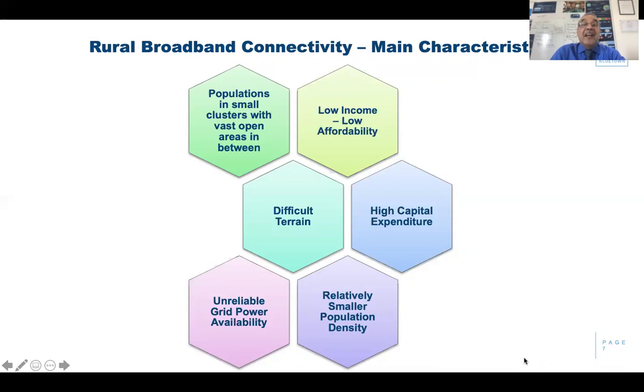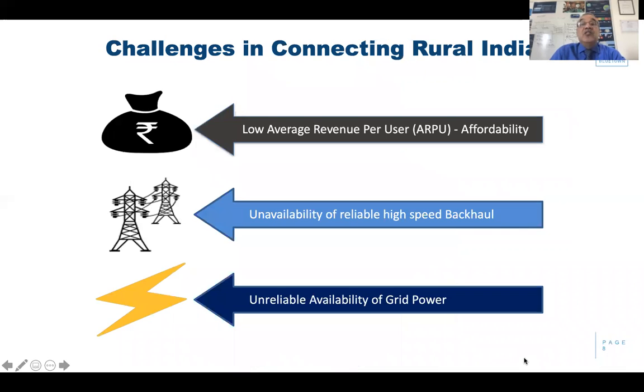These are the main characteristics of rural connectivity, and these bring challenges. One is, of course, the low average revenue per user, ARPU, which is related to the earning capacity as well as the affordability of the rural users.